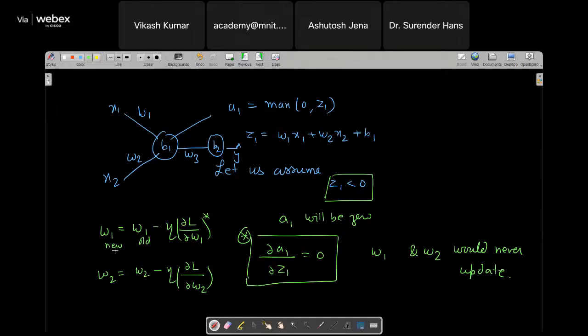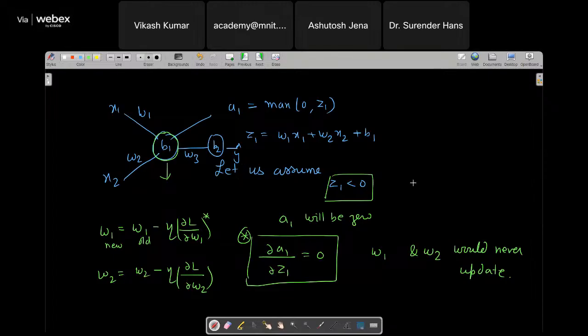Then W old is equal to W new. So that is B, sorry, not B1, this one is a dead neuron. Yes or no? Clear? So let us understand how this dou L by dou W1 is equal to 0.